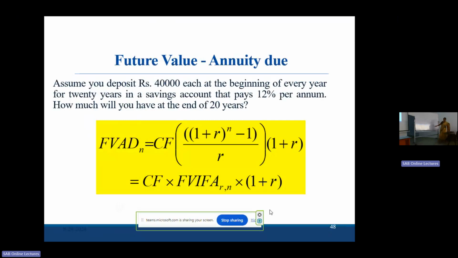So this should be changed to 1 plus r in this annuity. Sorry, this should be 1 plus r, that is 1.1 to the power n, 3 minus 1, divided by 0.1. This is also 1.1 to the power 3 minus 1 divided by 0.1, multiplied by 1.1.